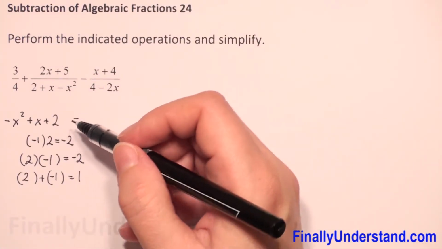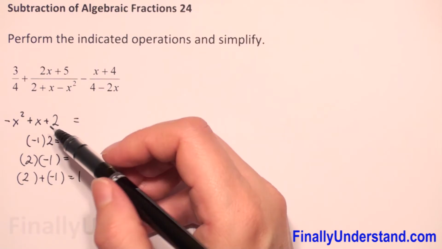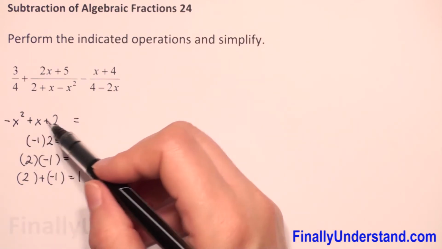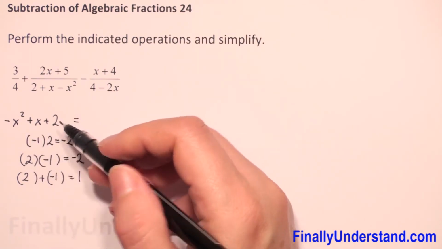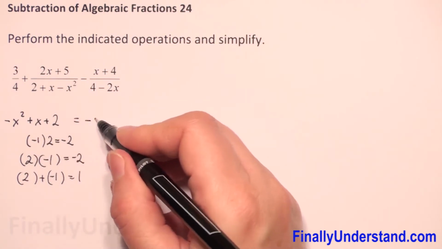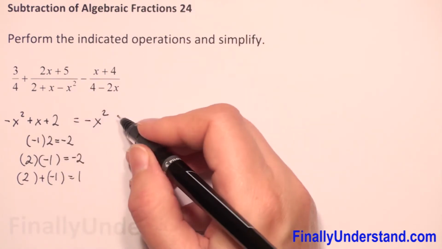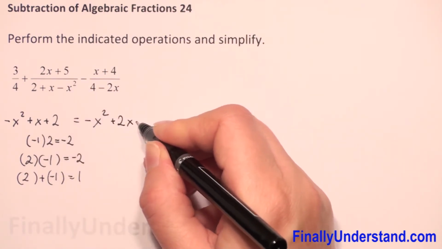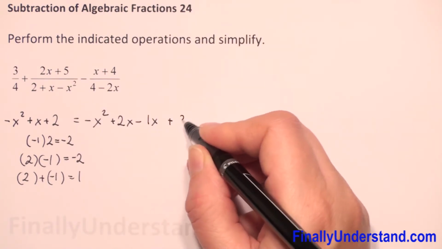So now we will use the grouping method to factorize our trinomial. We copy negative x squared and x. Now we will rewrite that this is 2x minus 1x, and 2 we copy.